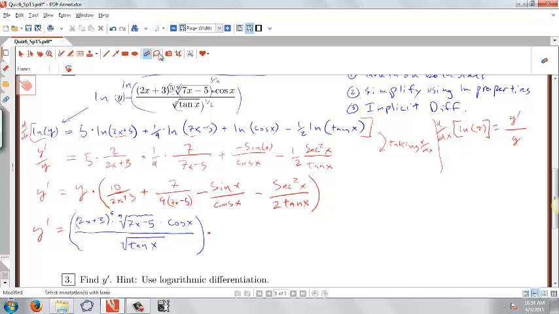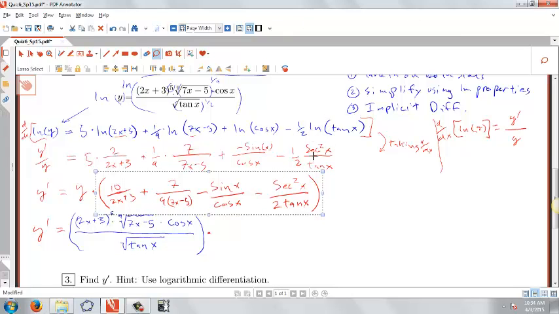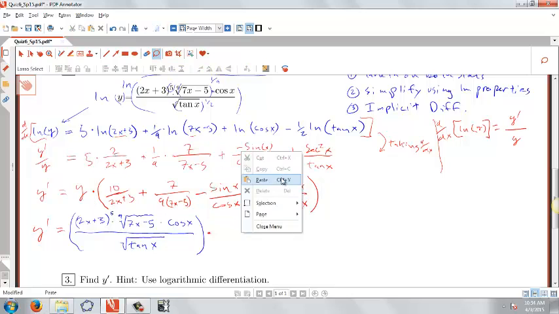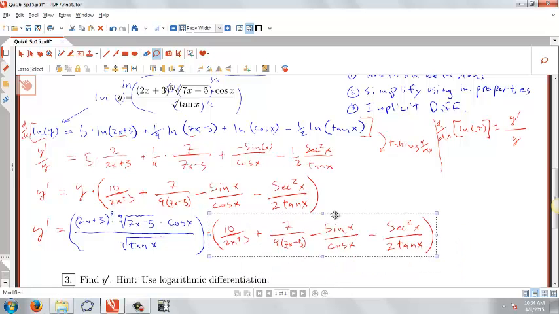I'm just going to copy this right here, paste it, bang, move it right here. So it's that same thing. Great, and that's the answer for number 2.